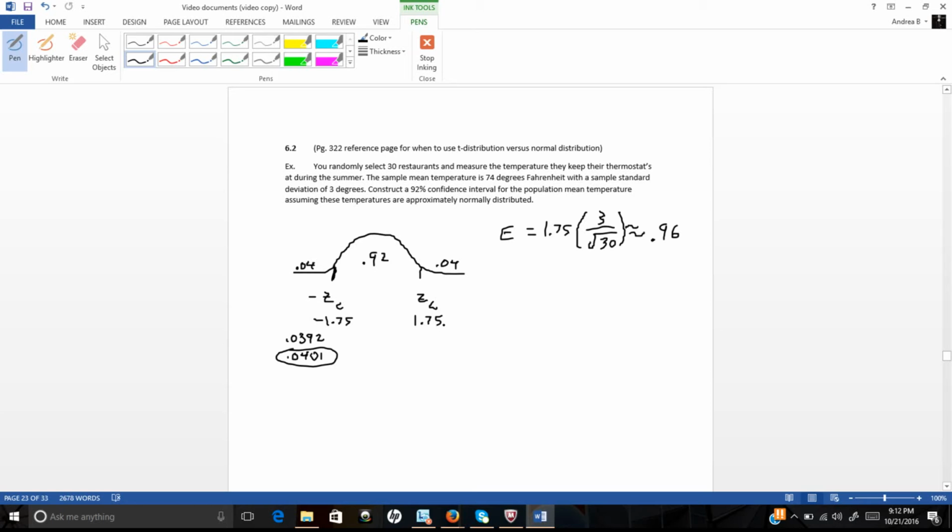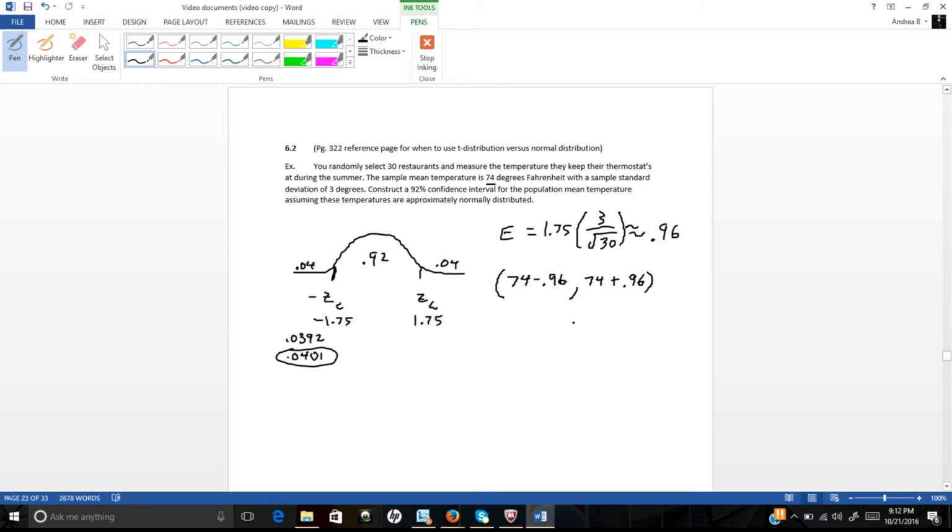And then remember, in general, to find our confidence interval, we have to do our sample mean, which is our point estimate. Here, our sample mean was 74. You do that point estimate of 74 minus the margin of error first, because we want the smaller value listed first in our interval, and then the 74, and then plus the margin of error to get the upper value of our confidence interval.